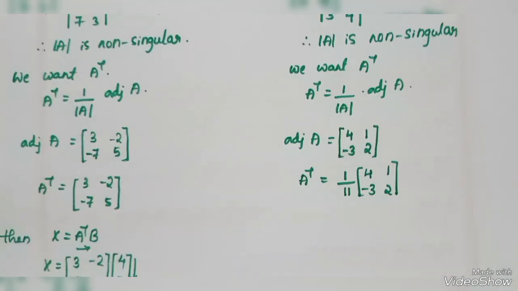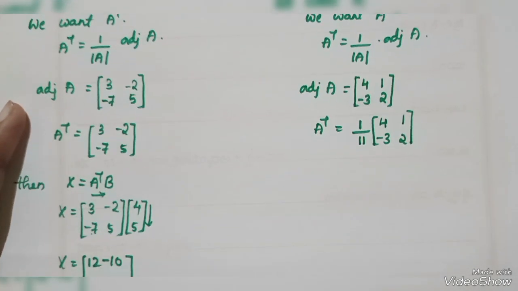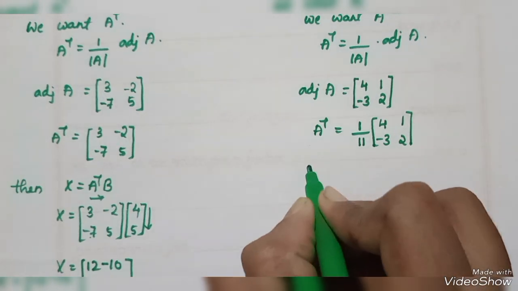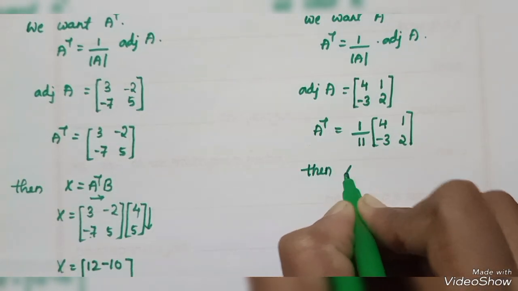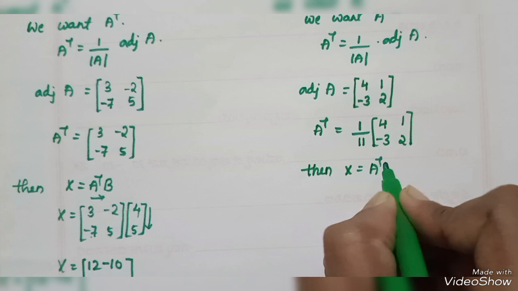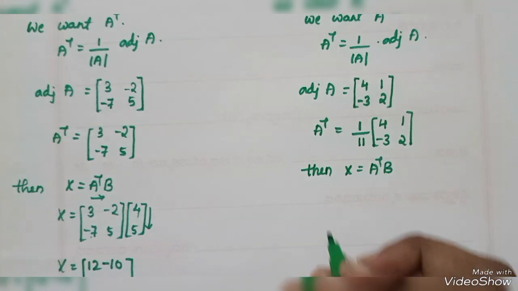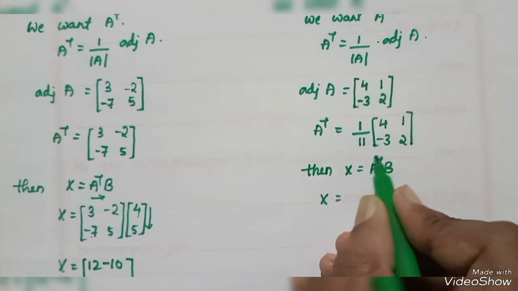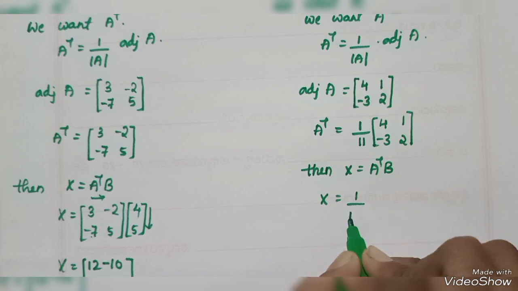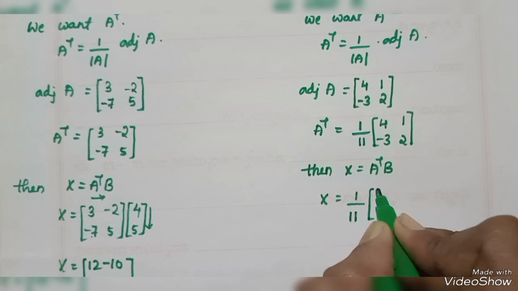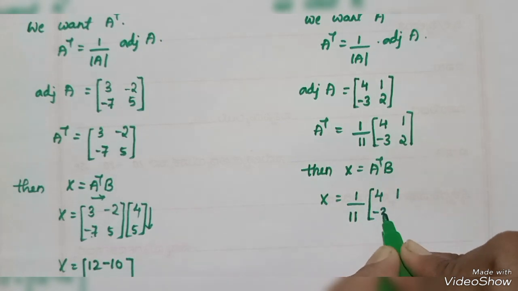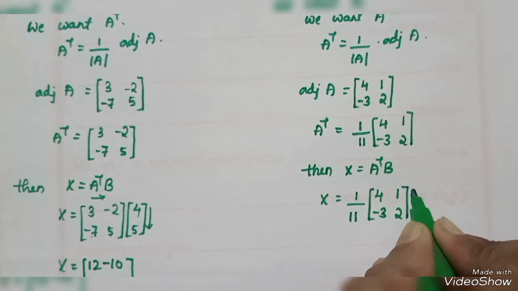Now we have to find X. Then X is equal to A inverse into B. Here, what is the A inverse? 1 divided by 11 into 4, 1, -3, 2, into the B matrix.